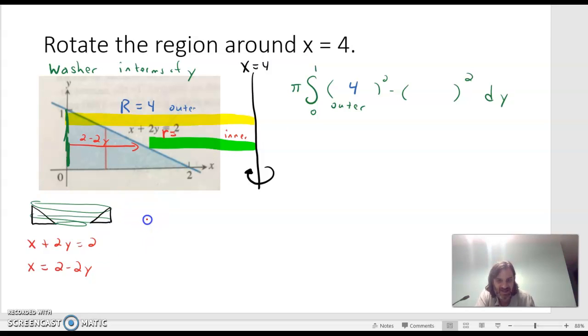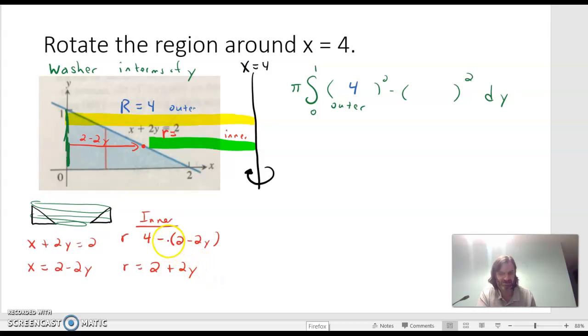So more or less, that inner radius will be from this line of 4 over here back to the sloped line. And the sloped line is 2 minus 2y. So 4 is all the way across, but we're taking away that 2 minus 2y. So that inner radius, that little r, is going to be 4 minus 2, which is 2, and then minus negative 2y, so it'll be plus 2y.